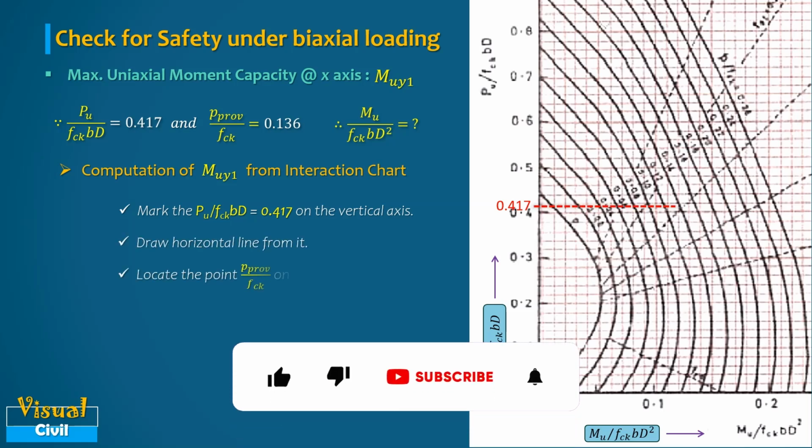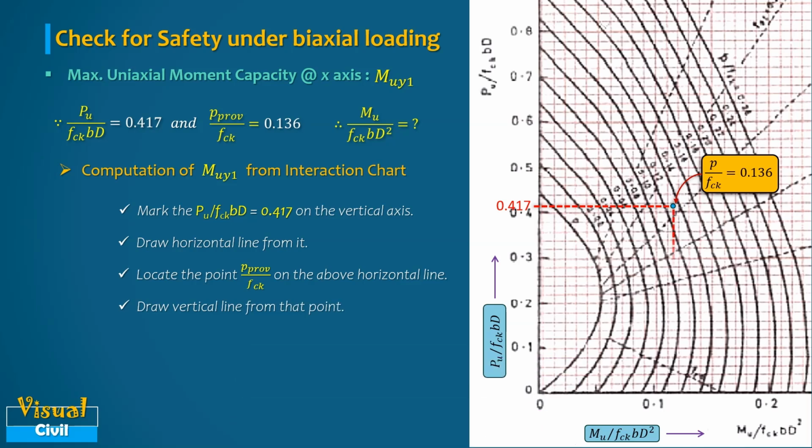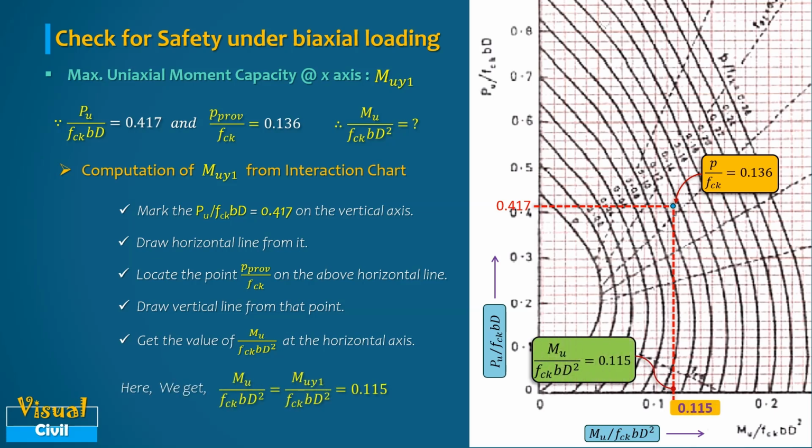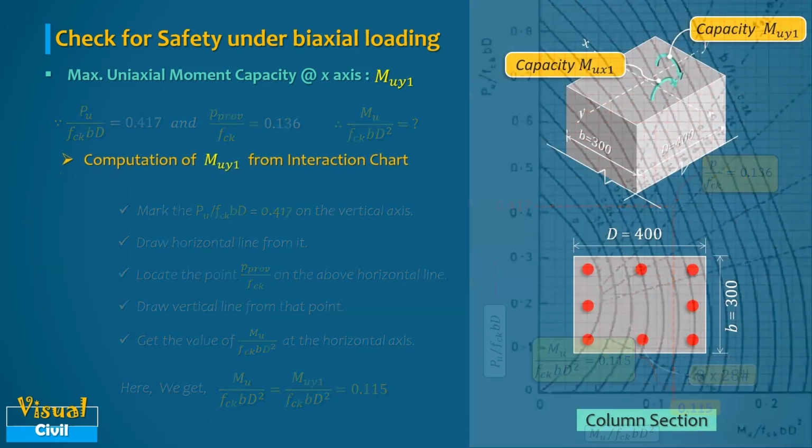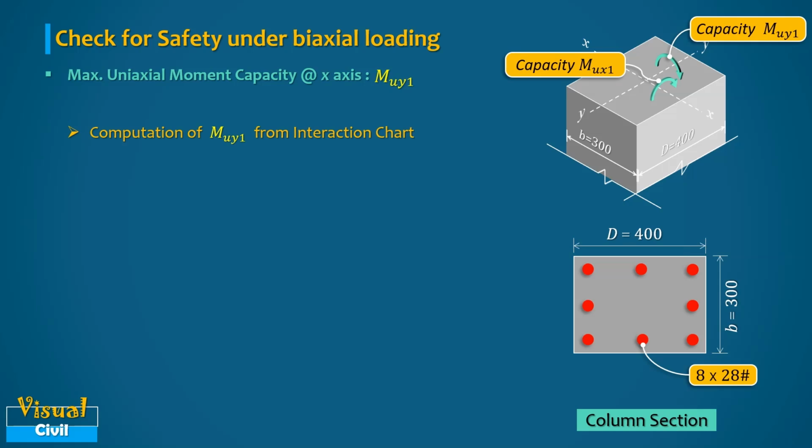Locate the point p by fck on the above horizontal line. Draw vertical line from that point. Get the value of Mu by fck bD square at the horizontal axis, and here we get that value equal to 0.115. Now let us get the value of Muy1.